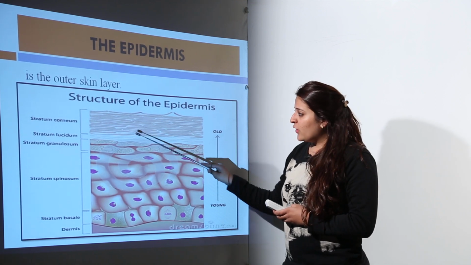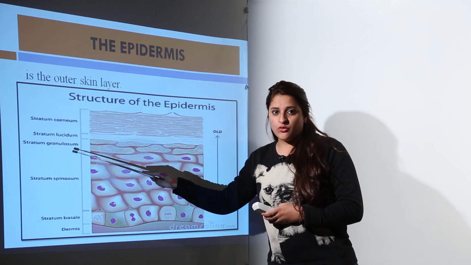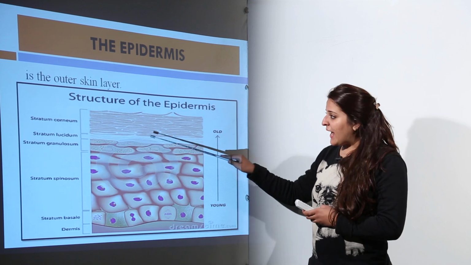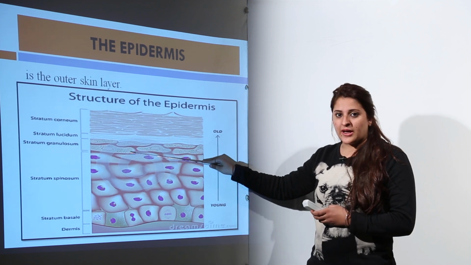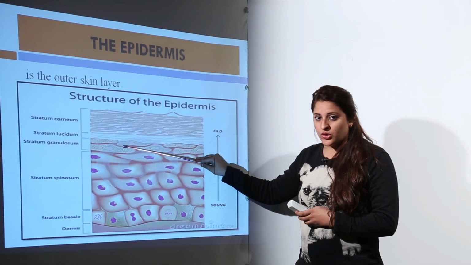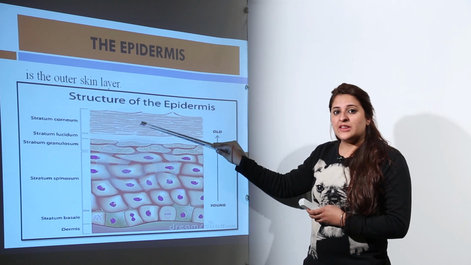Another layer which lies beneath this stratum corneum is the stratum granulosum, which is a granular layer. It is again formed of 2 or 3 layers, and it lies beneath the corneum layer. What is the function of this granular layer? This layer is known to replace the worn out cells in the cornified layer with new cells.